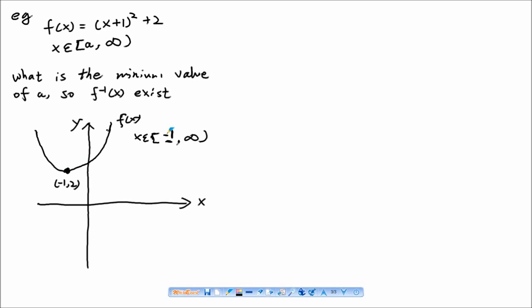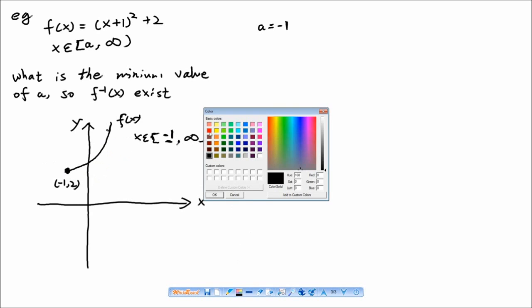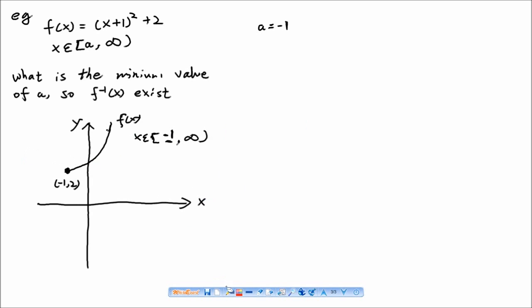So the answer is a equals -1. If we draw the graph with restricted domain, we will have a one-to-one function. Just remember, the trick is always go to the turning point.